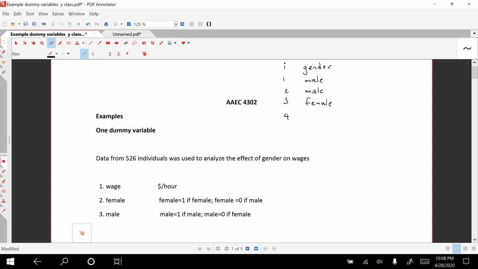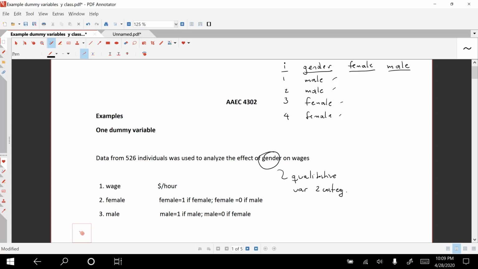Remember, gender is a qualitative variable with two categories, which is male and female. You can see that's what we have in this column. That means that we can create two dummy variables. We can create a dummy variable for each category.